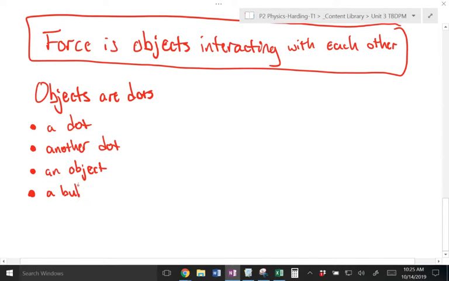A bullet. I didn't hear the rest of that, so I'll just leave it at a bullet. Okay, good. Hey, Austin, what's that a drawing of? A rock. Okay. Let's see. Maddie, what's that a picture of? She's saying olive, I think. Okay, cool.